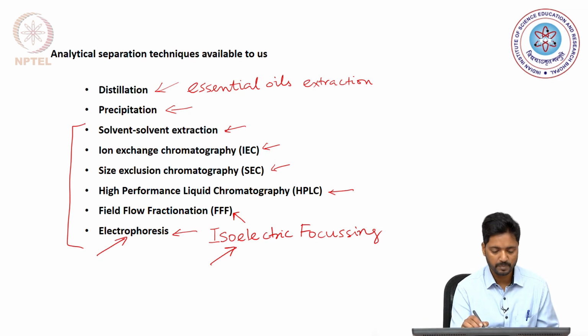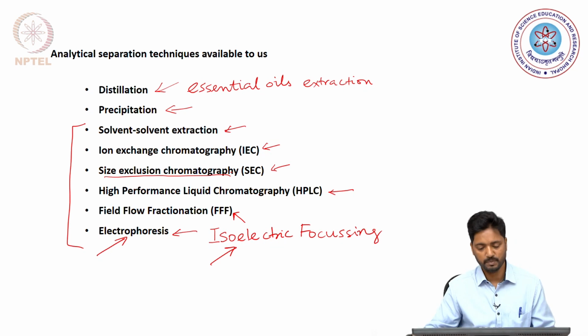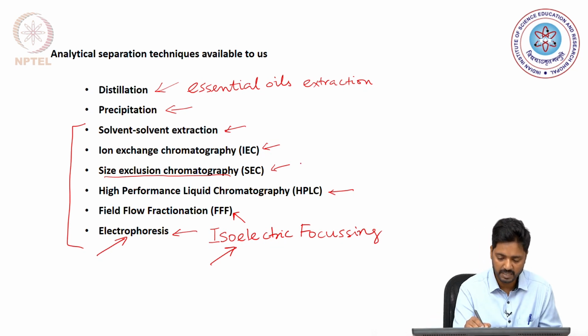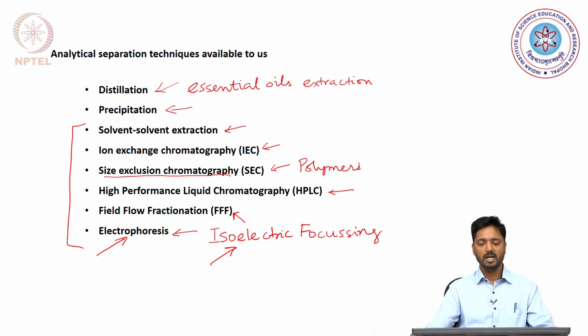An important point to be noted here is the concept of size exclusion chromatography, which is mainly used for polymers, and we will see how this technique helps us in achieving separations based on the size of the polymers.